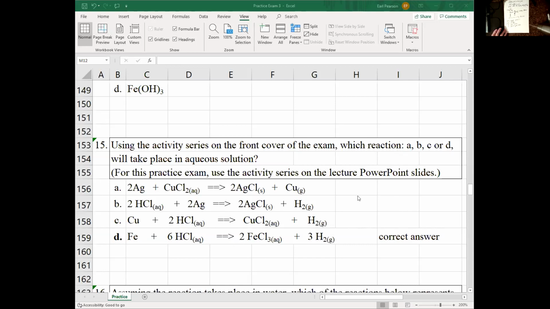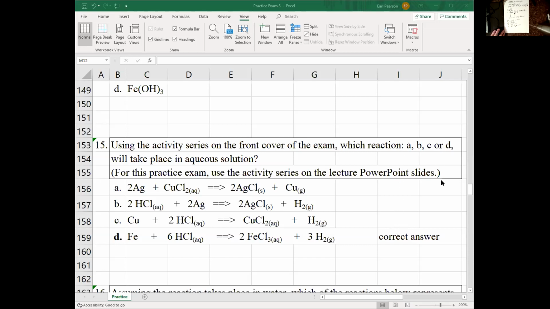So if you have the activity series in front of you, and you would on the exam, it would either be an attached page or a portion of the activity series would be given over here in the white space so that you'd have it right there by the reaction. If I gave you a white space activity series, it would be a very short, abbreviated one.